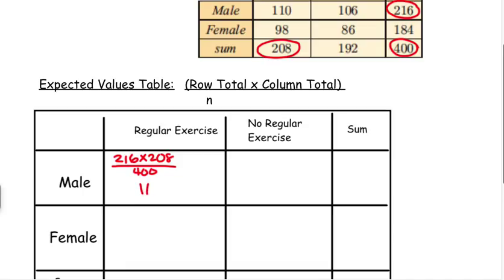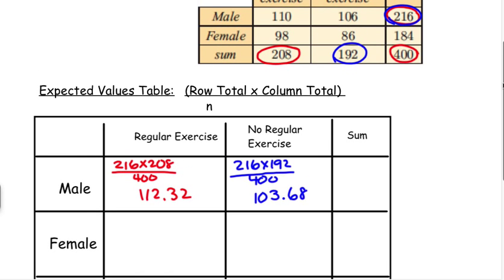And we get 112.32. Then I'm going to do row total times column total again: 216 times 192 divided by 400 people, and our expected should have been 103.68.